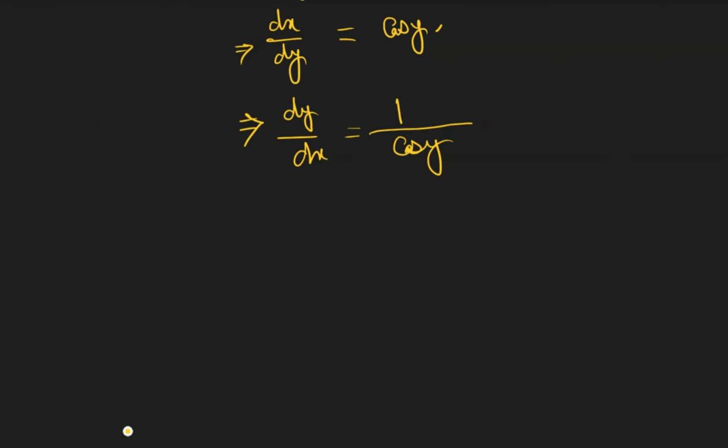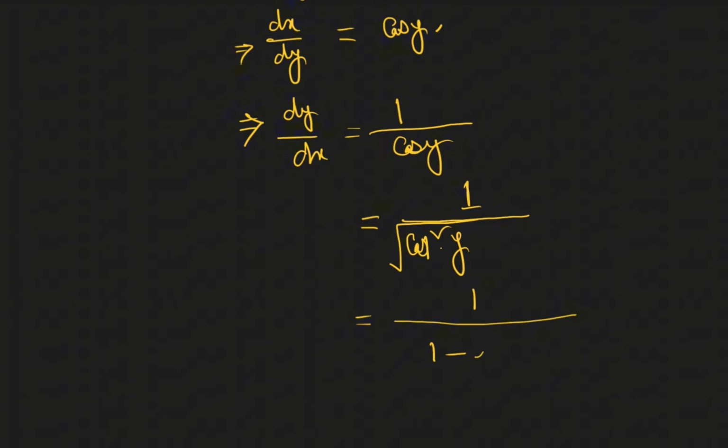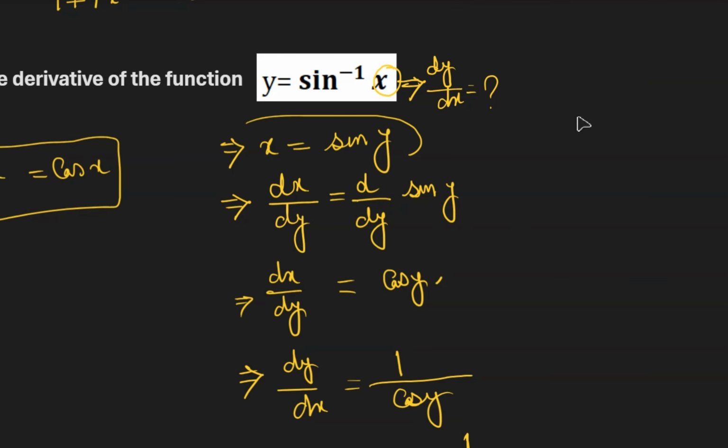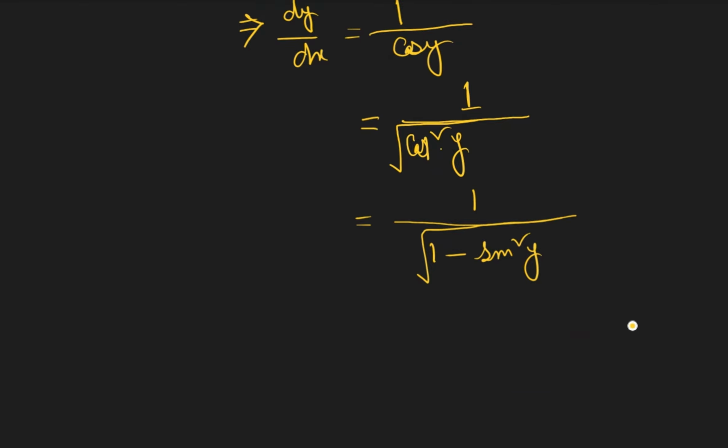Here we can write 1 over the square root of cos square y, or 1 over the square root of 1 minus sine square of y. We have taken the assumption that x equals sine y, so sine y is equal to x. Now plug in the value here: 1 over the square root of 1 minus x square. So this is the final answer.